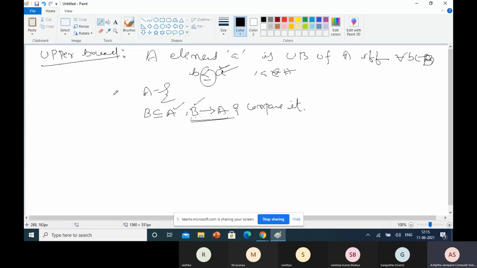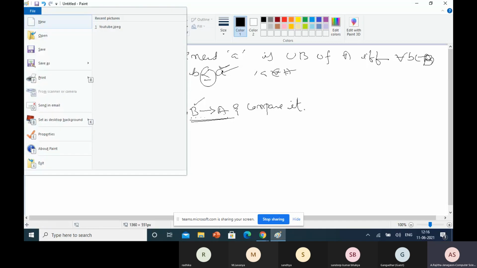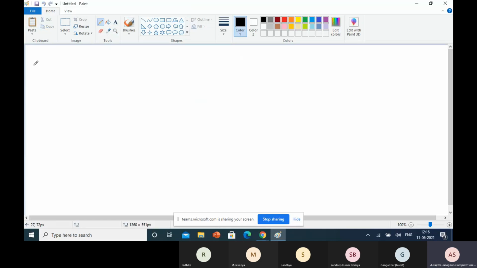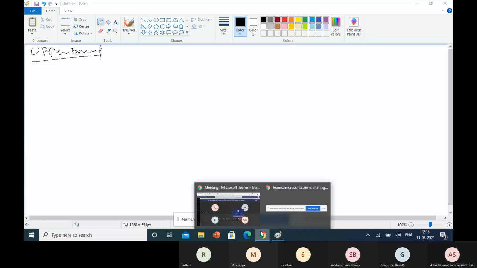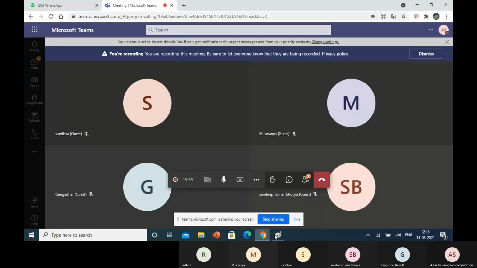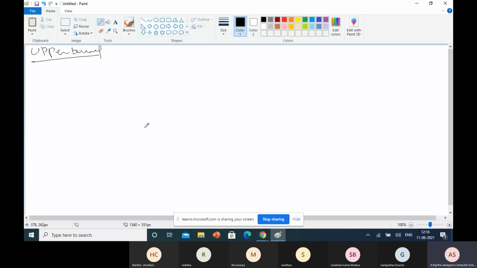Now see one example for this upper bound. In the last class, one diagram is like this.